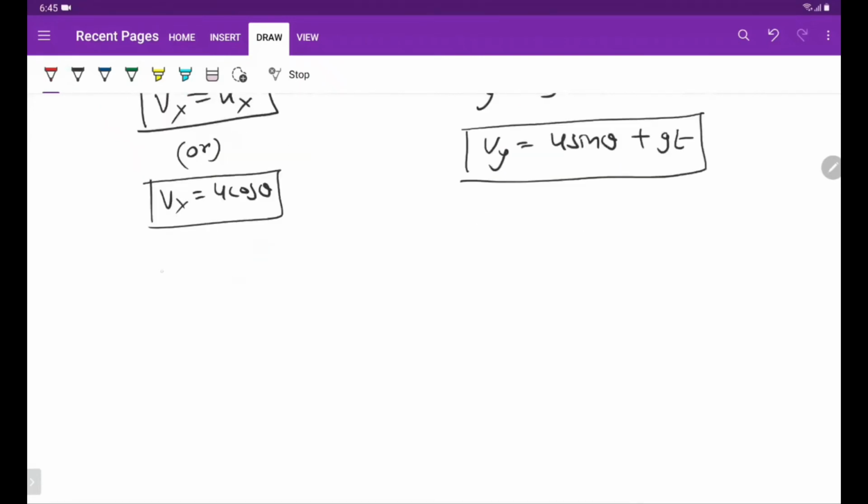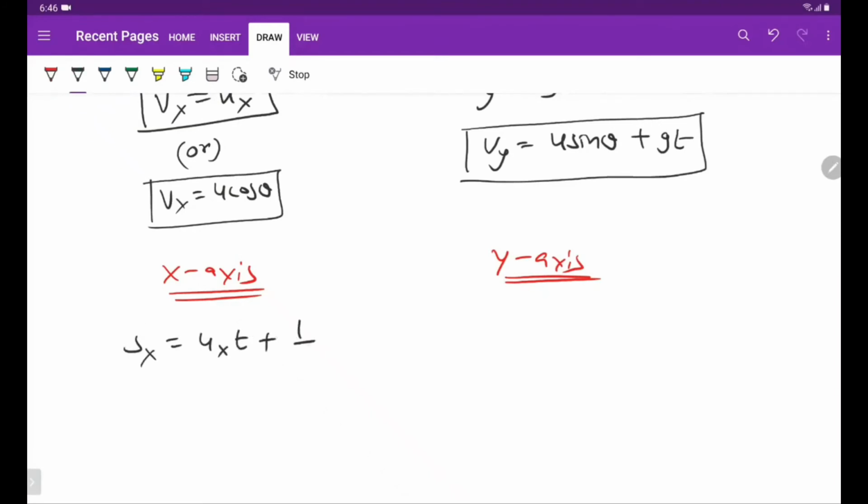Similarly, along the y-axis, apply the second kinematic equation. S is equal to ut plus half at square, so Sy is equal to uy into t plus half ay into t square.